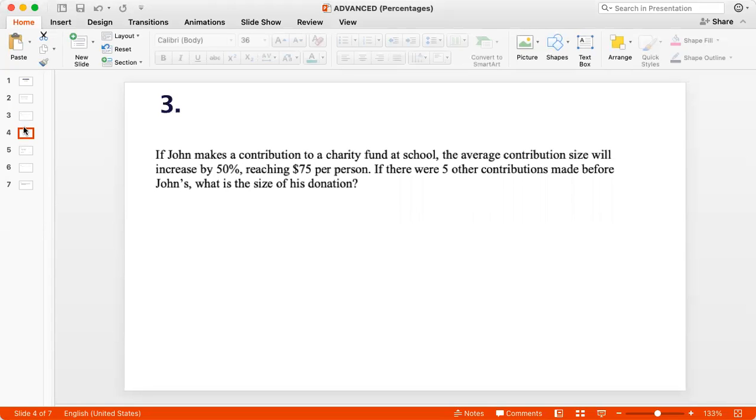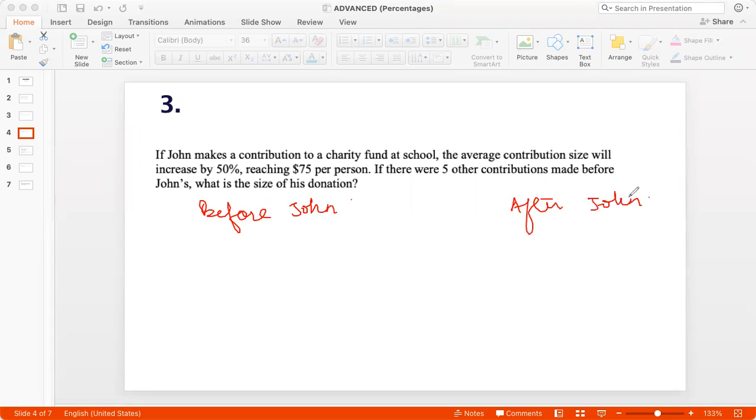Number 3. If John makes a contribution to a charity-funded school, the average contribution size will increase by 50%, reaching $75 per person. If there were 5 other contributions made before John's, what is the size of his donation? Okay, so let's say we have before John came into the picture and after John came into the picture, right?